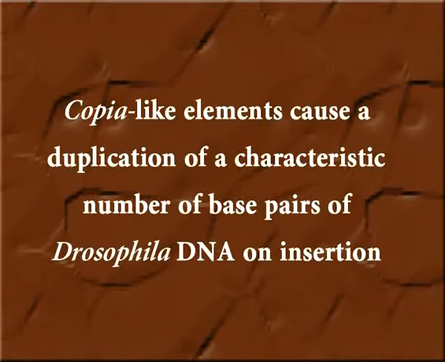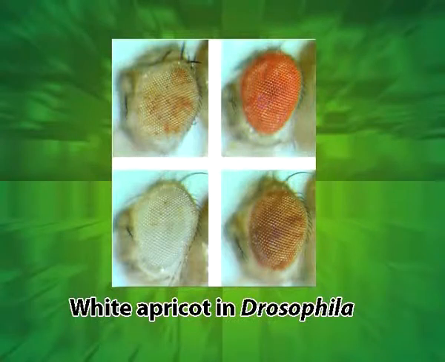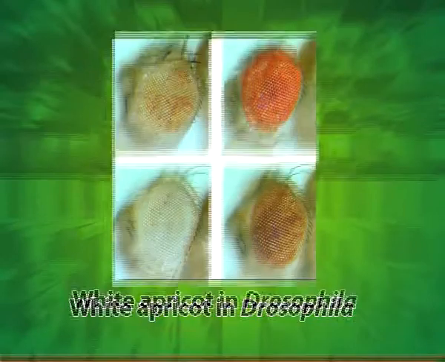The copia-like elements cause a duplication of a characteristic number of base pairs of Drosophila DNA on insertion. Certain classic Drosophila mutations result from the insertion of copia-like and other elements. For example, the white apricot mutation for eye color is caused by the insertion of an element from the copia family into the white locus.